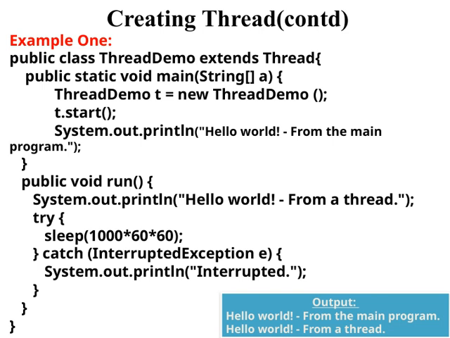Also, there's a try-catch block around sleep to handle interruptions, which is good practice. If the thread gets interrupted during sleep, it catches the exception and prints "interrupted". This example highlights the basic structure of creating and starting a thread and how the output reflects concurrent execution. It connects to our overall theme of understanding multi-threading by showing how threads run alongside the main program.